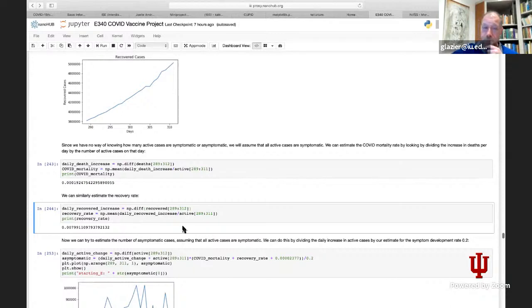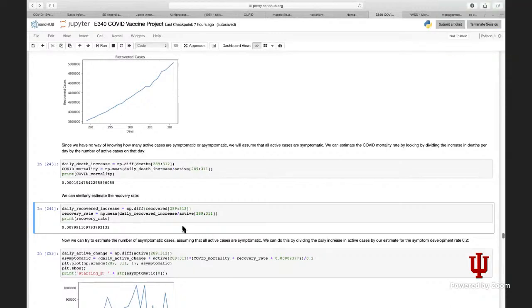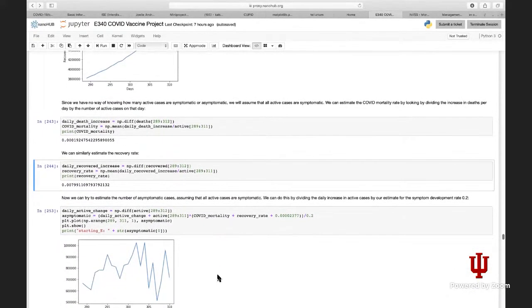Okay, thank you. So now here comes the tricky part where I try to estimate the number of asymptomatic cases, assuming that all the active cases are symptomatic. So I divided the daily increase in active cases and accounted for the fact that the change in active cases is also influenced by recovery and death.